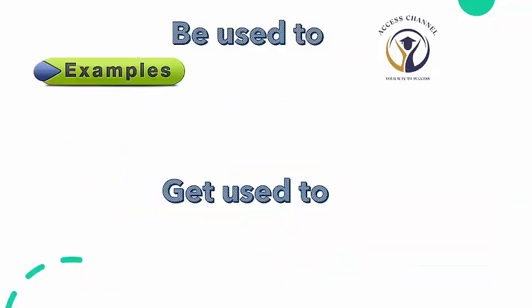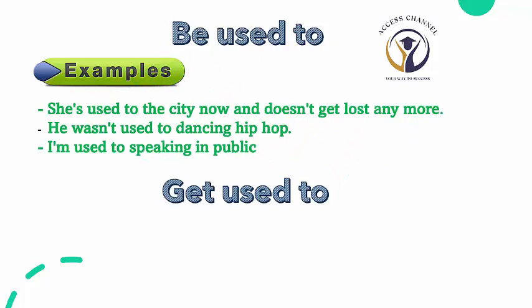Okay, let's see more examples of those two forms. The first one, be used to. Come on, look at these examples. She's used to the city now and doesn't get lost anymore. It means that she's now familiar with the city. She doesn't get lost anymore because she has become familiar with the city.